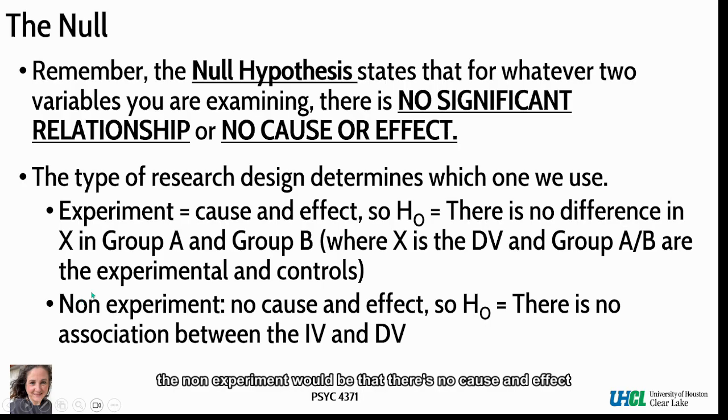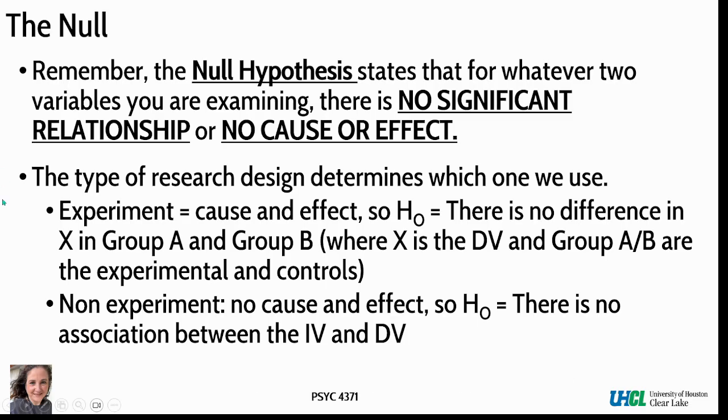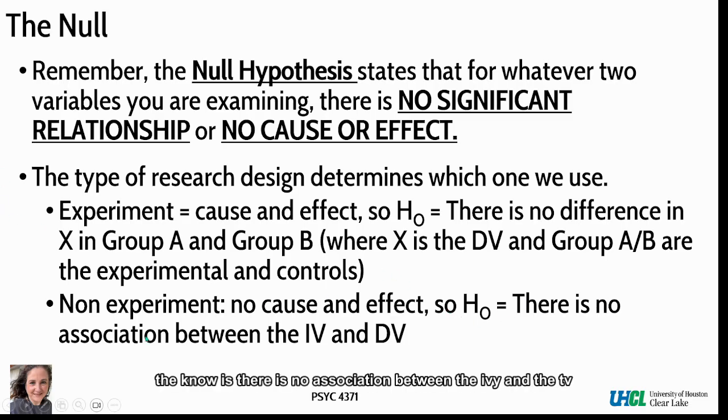The non-experiment would be that there's no cause and effect, but we are looking at an association or a correlation. So a null hypothesis in a non-experimental setting might say the null is there is no association between the IV and the DV.